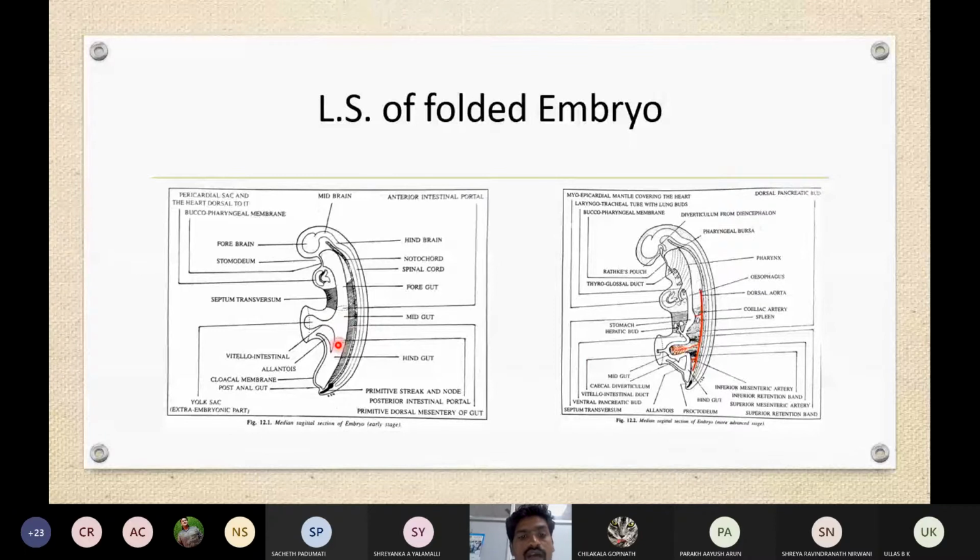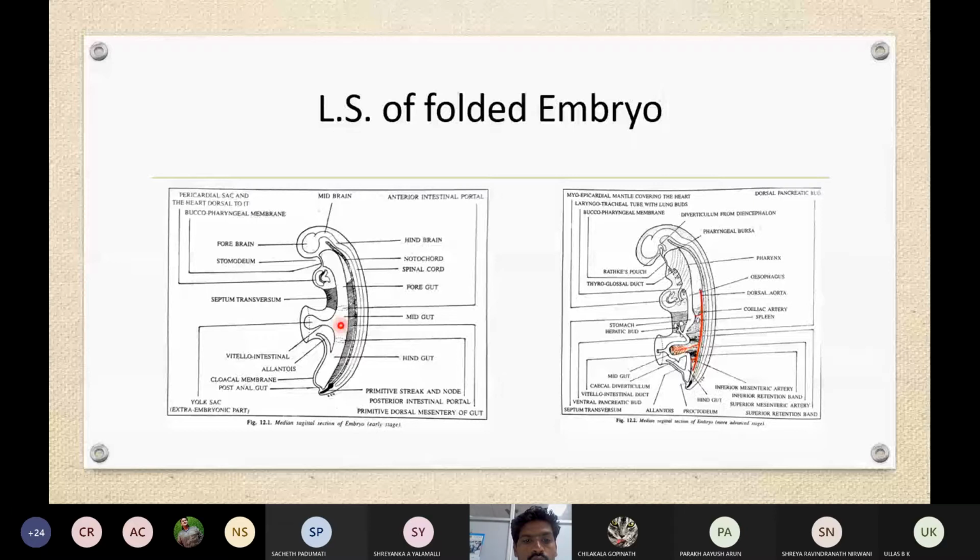This is actually our primitive gut. This whole yolk sac that you are seeing is the primitive gut. You have already learnt about the development of the foregut and the midgut at the junction of the anterior intestinal portal and posterior intestinal portal.